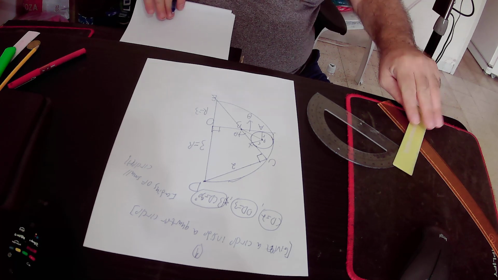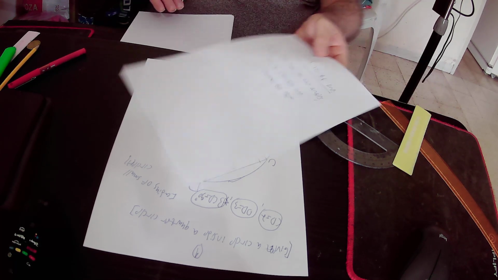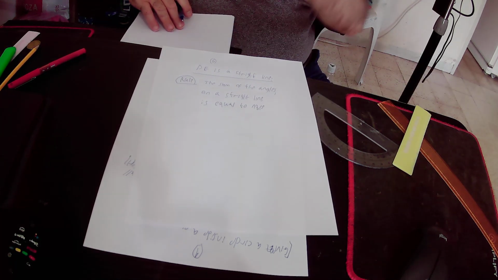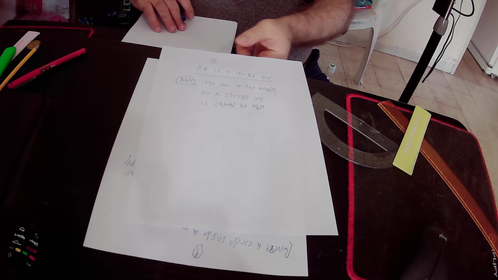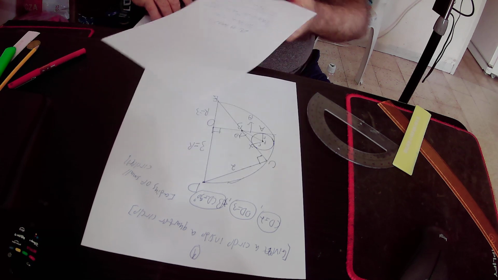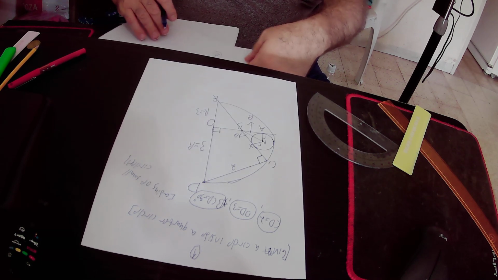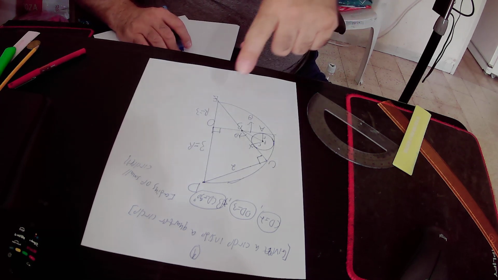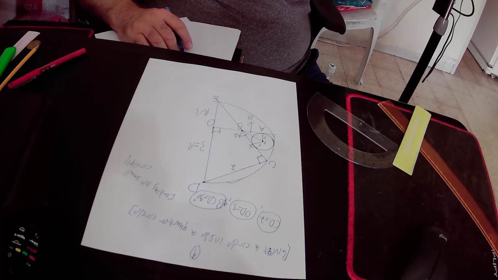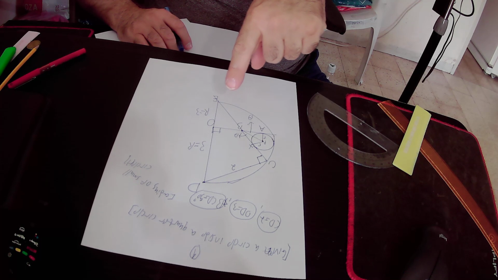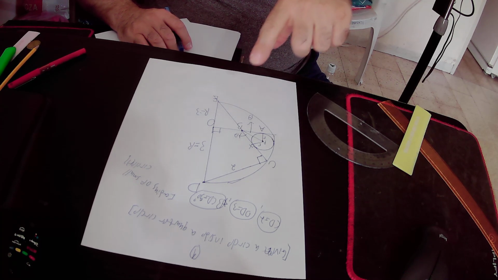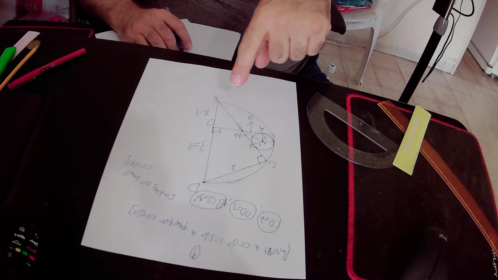I will read the rule again. The rule states that the sum of the angles on a straight line is equal to 180 degrees, and we know that DE is a straight line, so the sum of the angles at any point on DE must be equal to 180 degrees. So if we focus at point O on the straight line DE, the sum of the angles must be equal to 180 degrees.